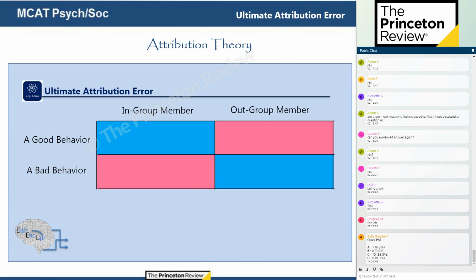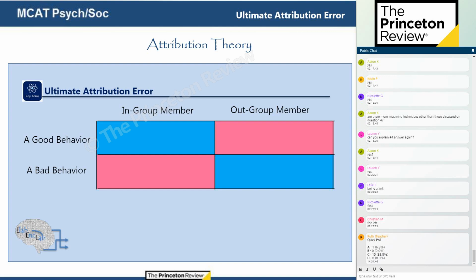Okay, we have something called the ultimate attribution error. This is a play on the fundamental attribution error. And this has to do with groups and group behavior. It's like the fundamental attribution error applied to groups of people.